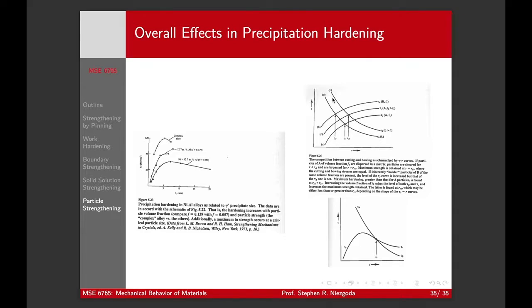And how easy it is to bow around gets harder as the particle gets larger, right? So the ideal size is right where these meet, right? When you're getting the most strengthening when cutting and bowing are effectively equal in strength, right?